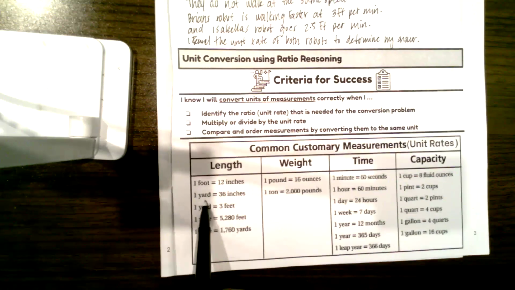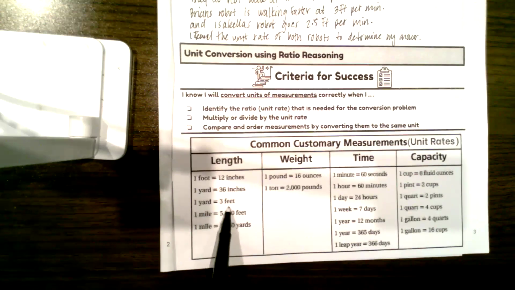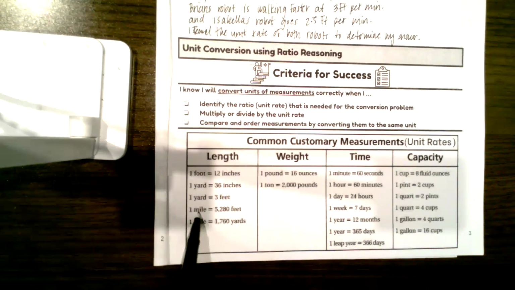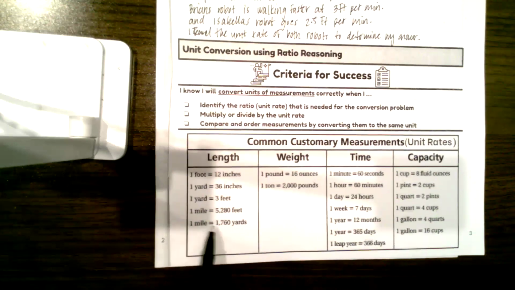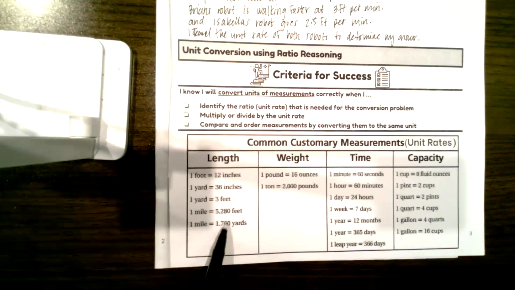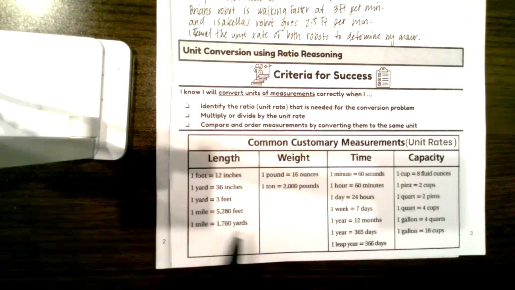A yard is like three rulers, or 36 inches. So 3 feet is a yard, which is 36 inches. 1 mile is 5,280 feet, and 1 mile is 1,760 yards, which probably means you divided this by three because there are 3 feet per yard.